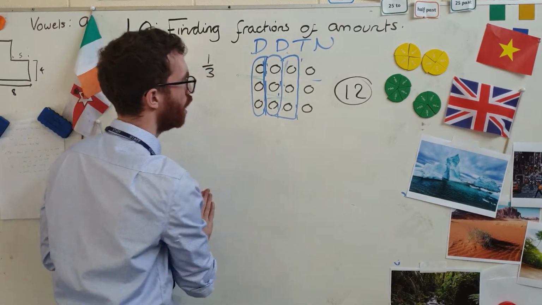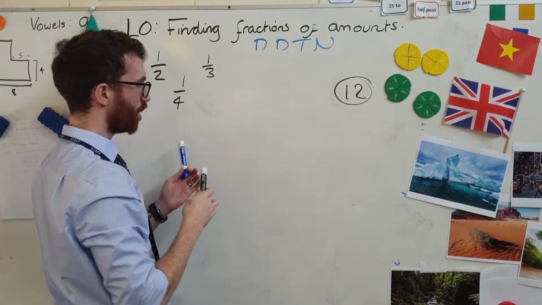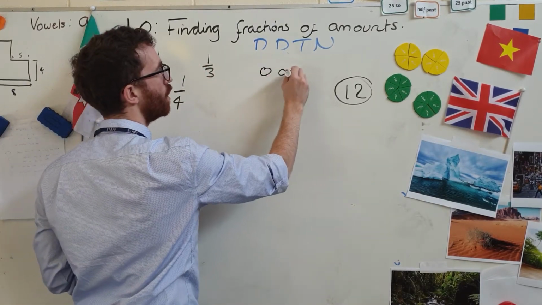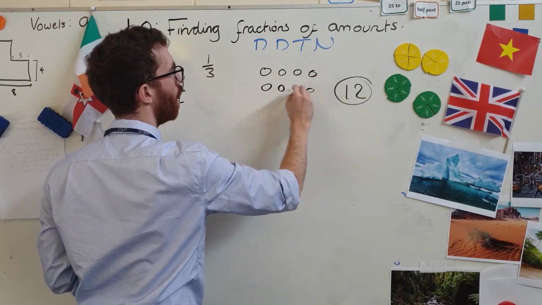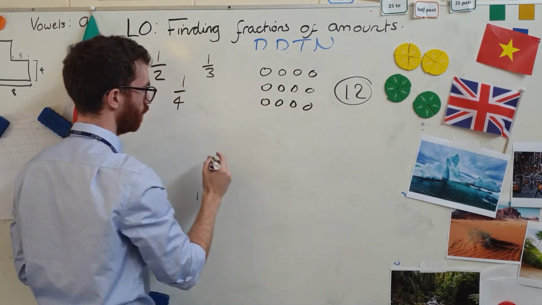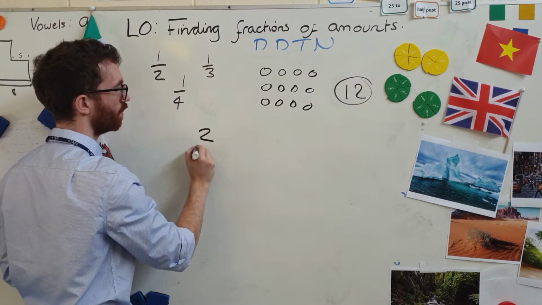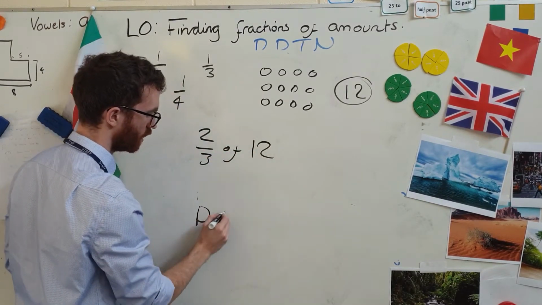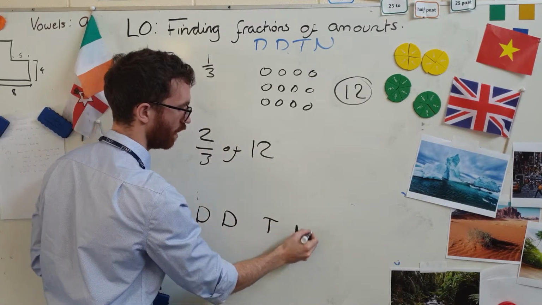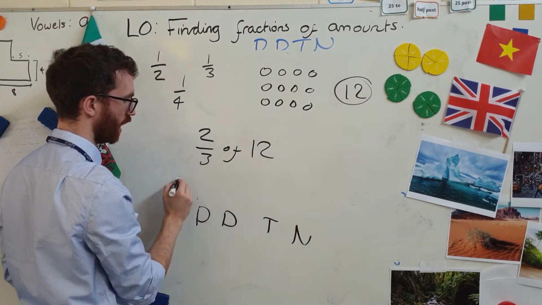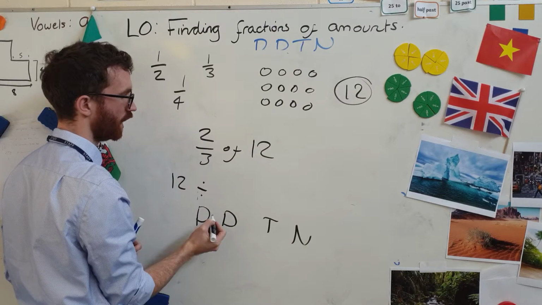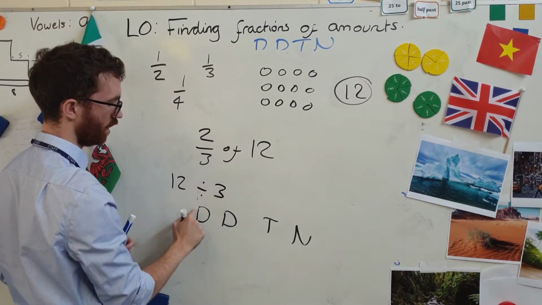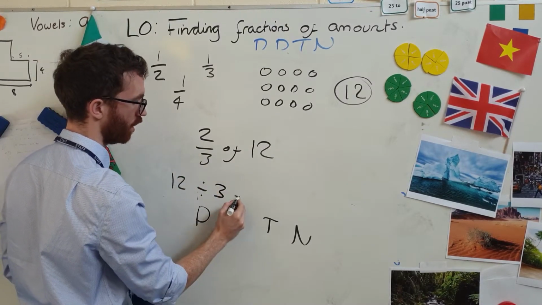Let's try something else then. What would 2/3 of 12 be? Remember, DDTN. So let's divide by the denominator. So we've got 12 dividing by the denominator, DD. So 12 divided by 3 equals 4.